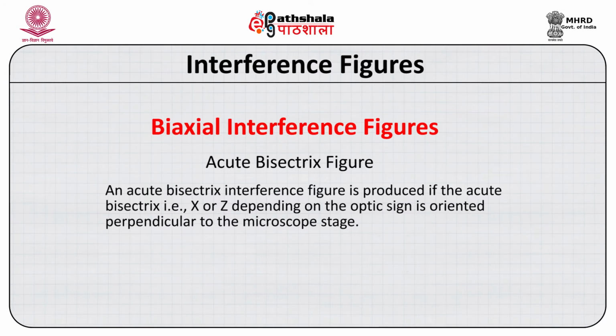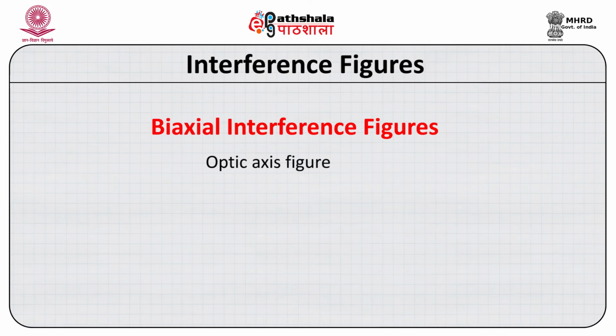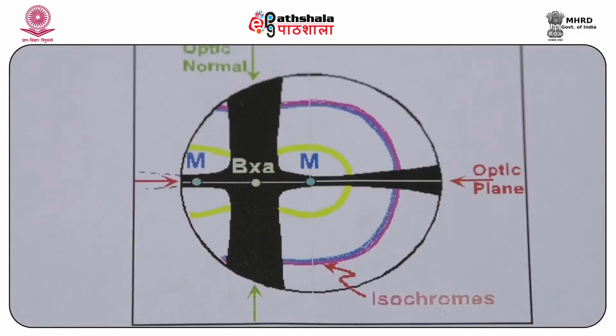The second type of interference figure which a biaxial mineral exhibits is the optic axis figure. It is usually observed on mineral grains cut normal to the optic axis. The figure usually consists of a single isogyre at the center of which is the emergence of the optic axis.